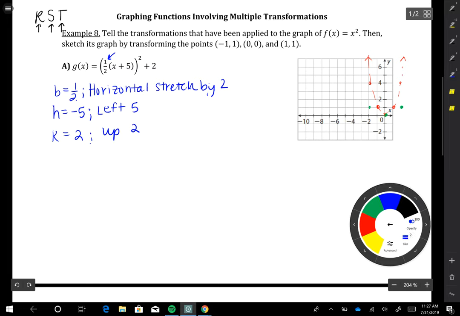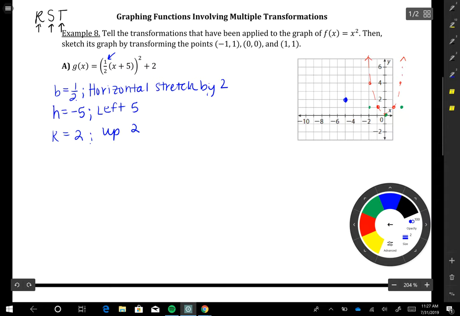Then the translations, I can do these at the same time. I'm going to move left 5, up 2 at each of these points. So the vertex, because it's still at 0, 0, the negative 5, 2 is actually where our h and k values are. That still gives us our vertex. So from 0, 0, I move left 5, up 2, and here I am.